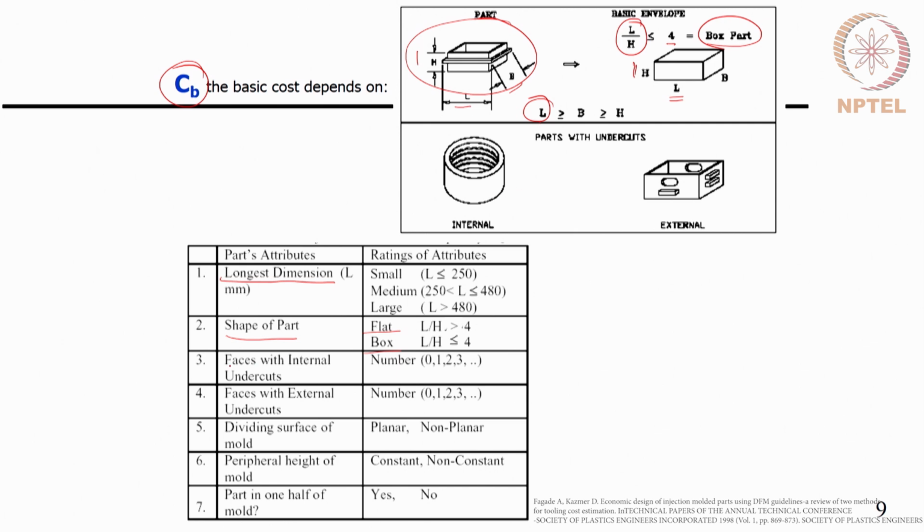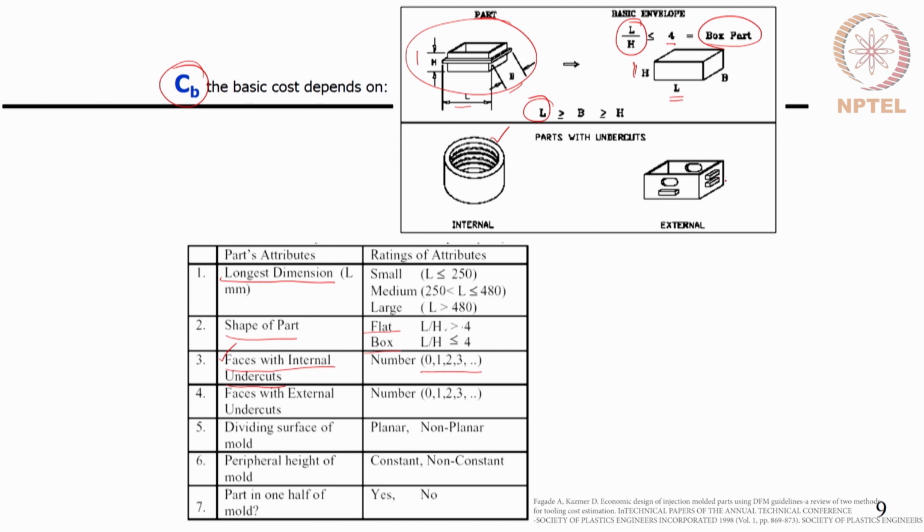The next feature is faces with internal undercuts. This picture shows an example of internal threading. If internal threads are available, one has to see on how many faces such internal threads or internal undercuts are available. They are typically numbers like 0, 1, 2 and 3.